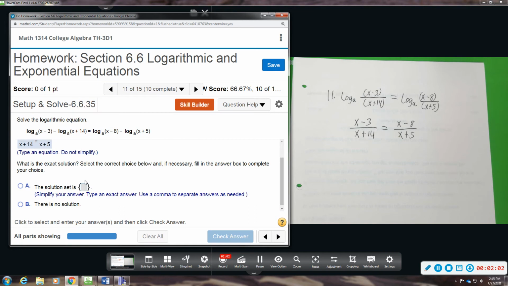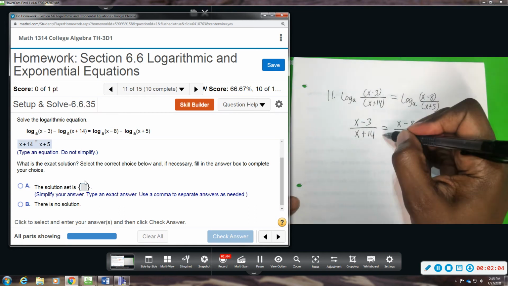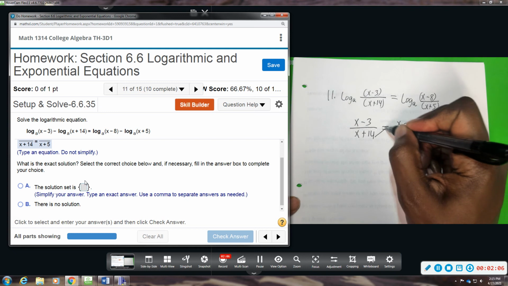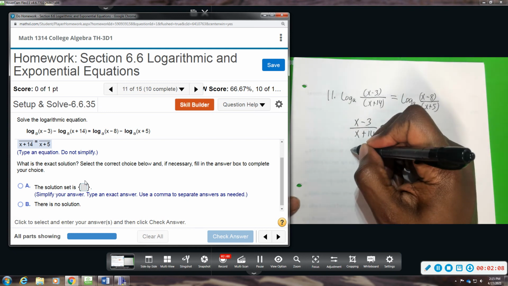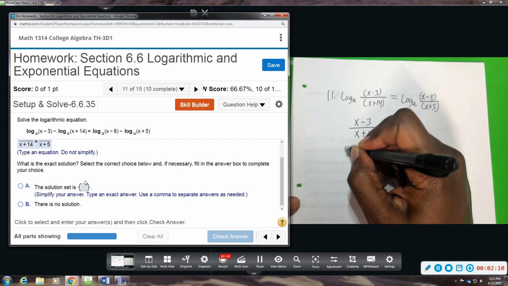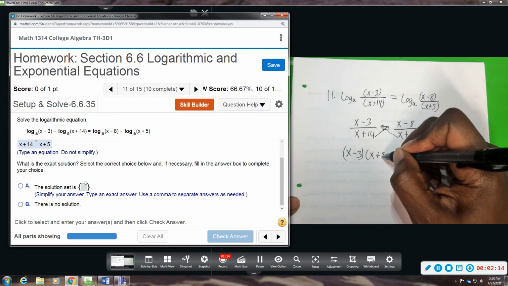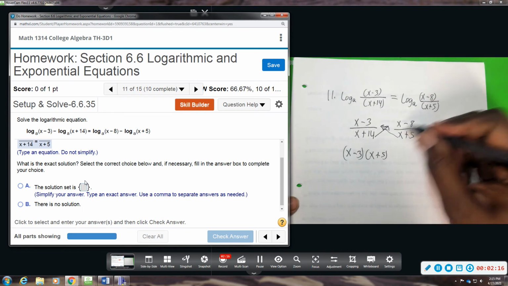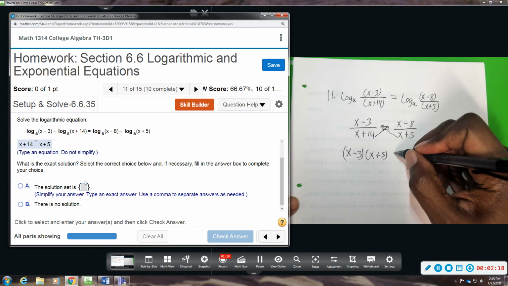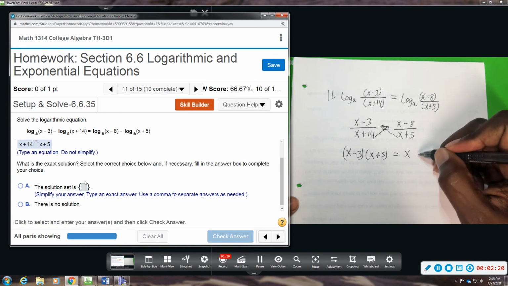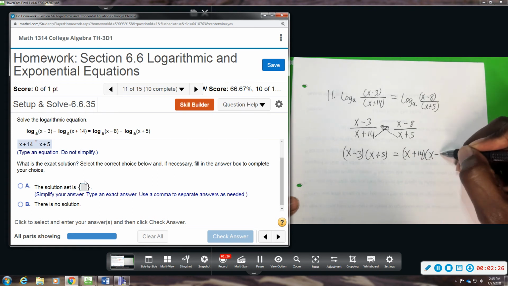So we're going to cross multiply, bring the bottoms across, multiply this, so we'll have x minus 3 times x plus 5, and then over here we will have x plus 14 times x minus 8.